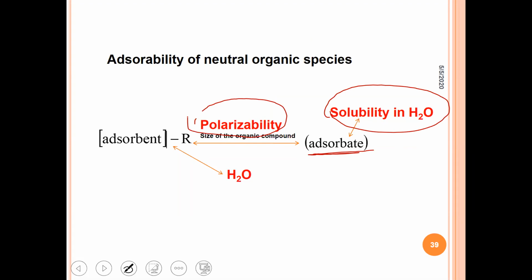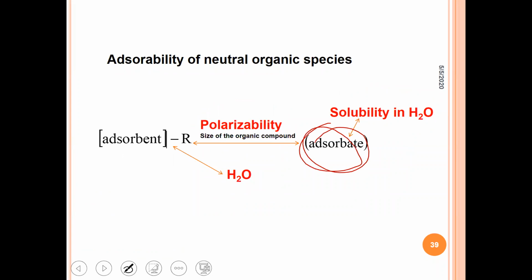If size is larger, the adsorption will be more. And there should be no interaction or less interaction between water and adsorbent. With these factors considered, we can decide whether this adsorbate will adsorb or not.